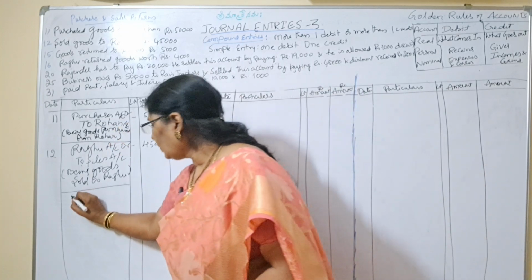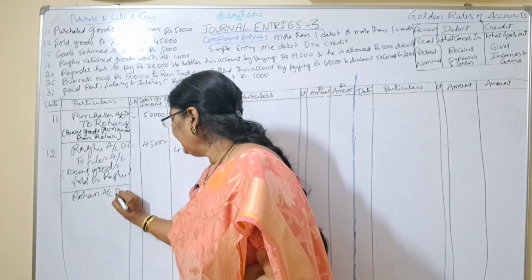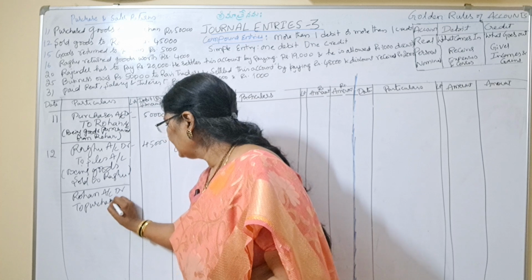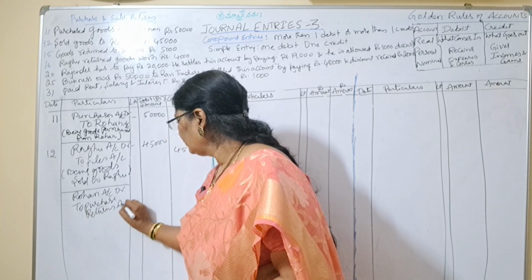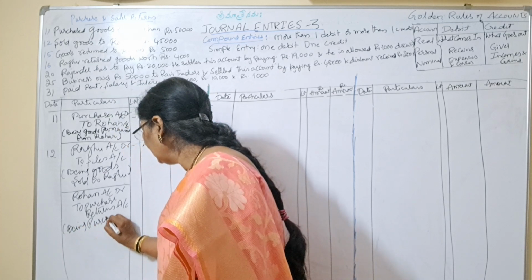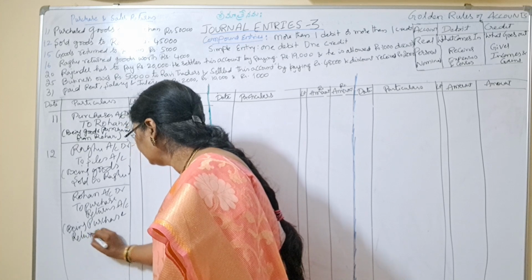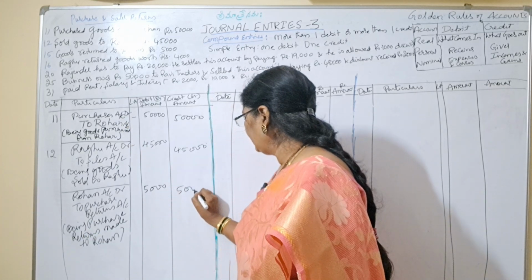So Rohan account debtor to purchase returns account, being purchase returns made to Rohan. So here you will write 5,000.